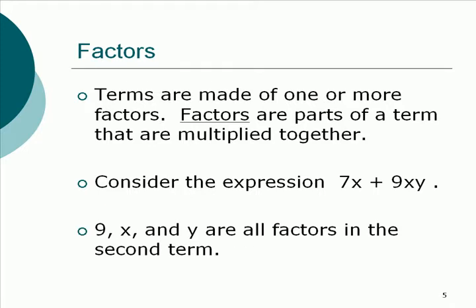The 9, the x, the y, the 7 for that matter, those are all factors. In the second term only, 9, x and y are your factors. They are the factors that make up the second term. The factors that make up the first term are 7 and x. Now that's basically the bottom piece. You can't break up a factor anymore except into smaller factors. You could break 9 up into 3 times 3, but that's getting a little carried away.